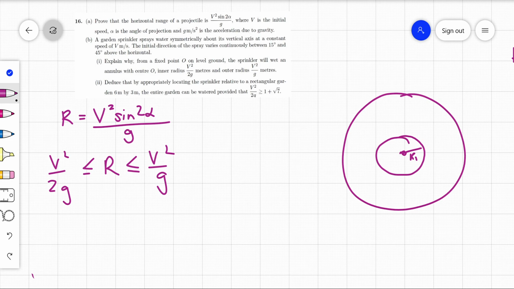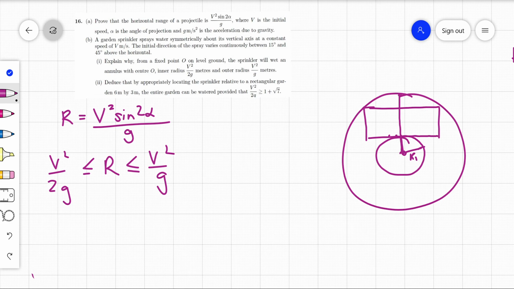We want wherever that is to start to be tangential to our garden so that it starts watering it there. And then our R2 will be up here. So R1 and R2.